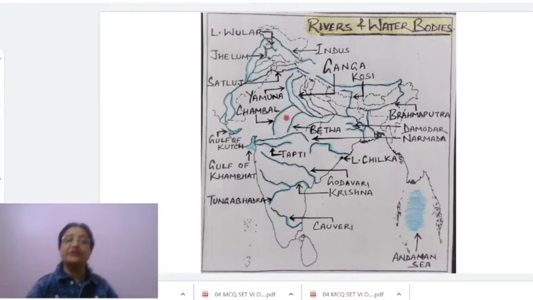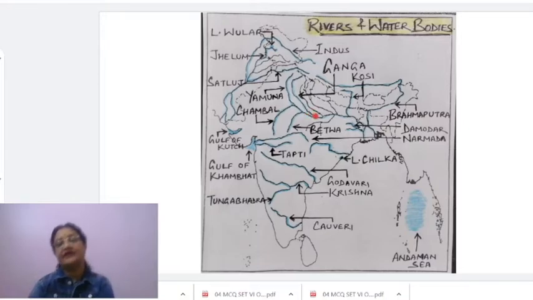Actually Chambal and Betwa are both tributaries of Yamuna, and Yamuna is ultimately a tributary of Ganga, so we consider Chambal and Betwa also as tributaries of Ganga. Chambal, till this point you have to mark where it is joining Yamuna. Again, Betwa moves this way, and till where it is joining the Yamuna River, that is its mainstream, till that point you have to mark Betwa. So these are the rivers you have to mark which are the right bank tributaries of Ganga.